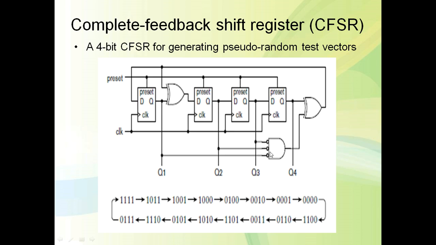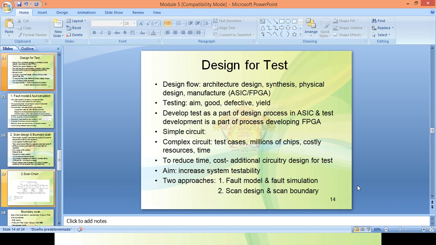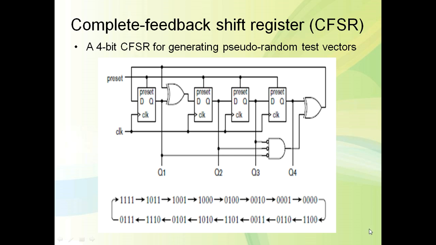bubble AND gate, and an XOR gate is added. Depending upon the position of the XOR gate, we will get the characteristic polynomial for the LFSR or for the CFSR. So we will get all these patterns.